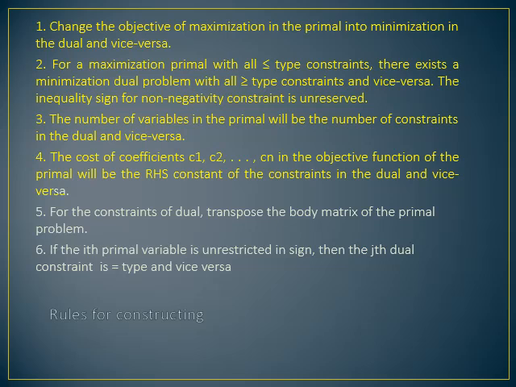So usually the objective function states, for example, max z equals c1 x1 plus c2 x2. These two coefficients c1 and c2 will be the right hand side constants of the constraints in the dual.